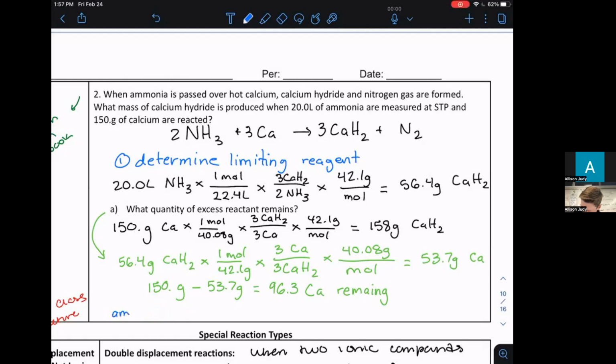The amount left over is going to be your excess in grams minus your limiting amount in grams. Any questions on this?